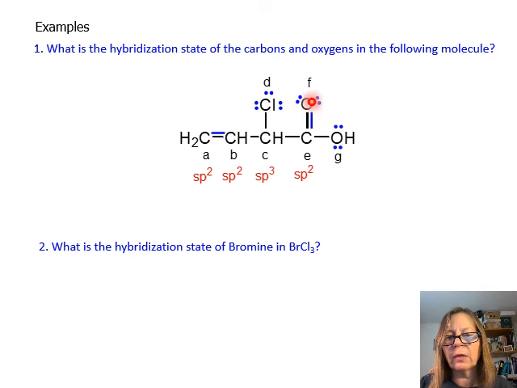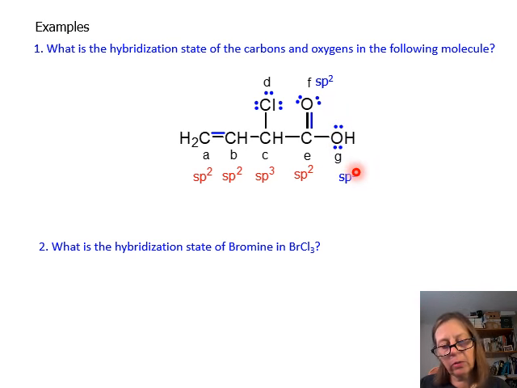The 2 lone pairs are carried by sp2 hybrid orbitals. How about oxygen G? It's an AB2E2. It's a tetrahedral framework. It's a bent geometry, but it's a tetrahedral framework, which means that the oxygen here is sp3 hybridized. The 2 lone pairs are carried by sp3 hybrid orbitals.